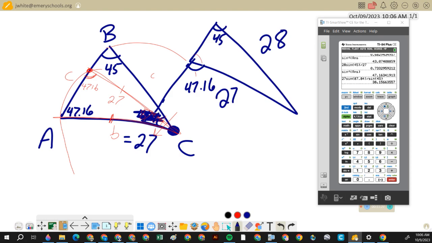So how big is this angle? And that angle is still A. So over here it's called angle A, and over here it's still going to be called angle A. So 180 minus 47.16 is 132.84.